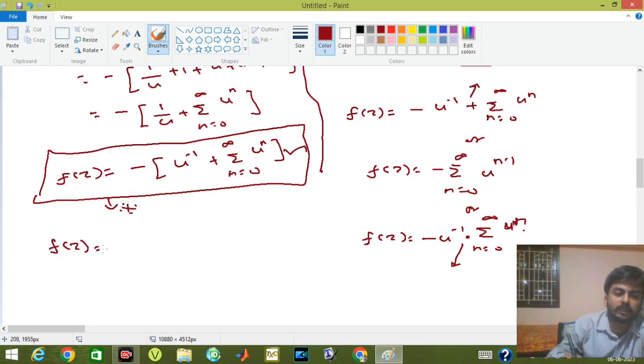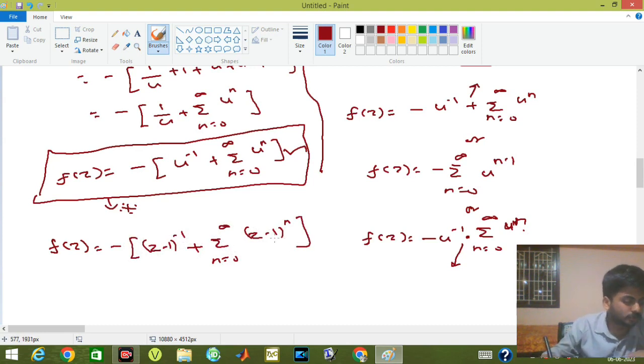So f of z equal to minus of, what is u? z minus 1, whole power minus 1, plus summation n equal to 0 to infinity z minus 1 whole power n. So this is our result.